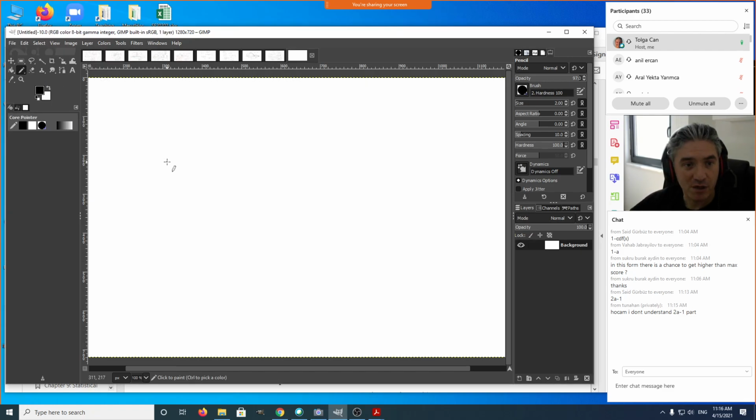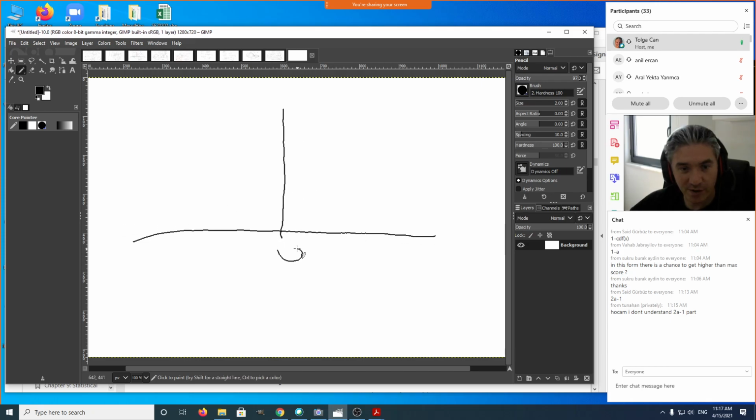Let me try to explain it on a larger figure. This is where 0 is. This is our standard normal distribution. This is where 1.5 is, and this is where minus 1.5 is.